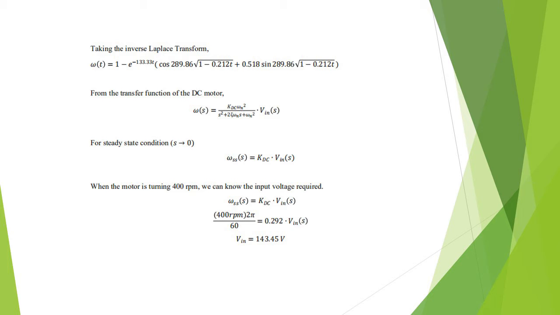To test that the motor is operating correctly, we set a steady-state motor speed of 400 RPM. From the formula, speed of motor equals KDC times input voltage, we found that the input voltage required is 145.45 volts.